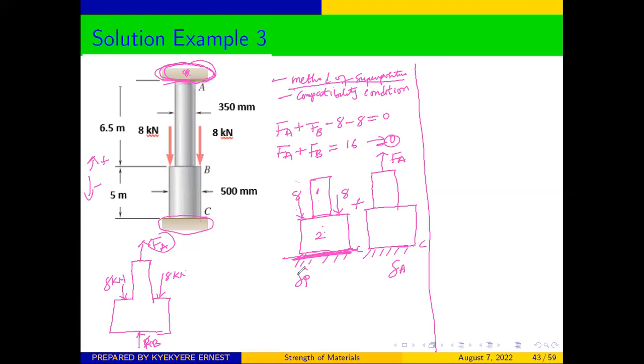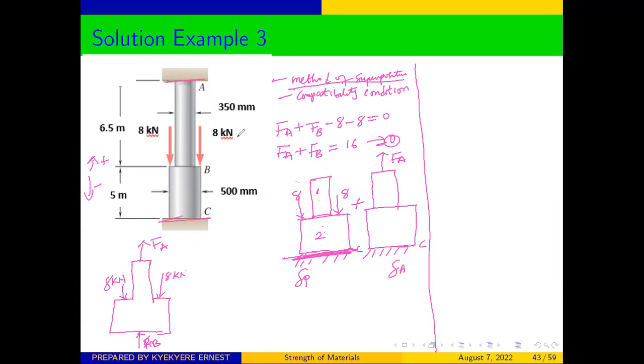So after doing that, we can say that because the whole bar is in between the two rigid supports, they are not going to elongate. The total elongation or the total deformation is going to be 0 because it will not allow it to expand beyond this rigid support and also do not allow it to expand beyond this rigid support.